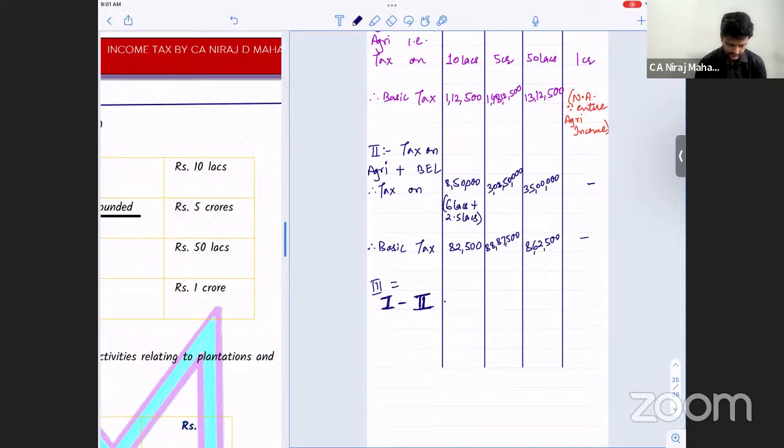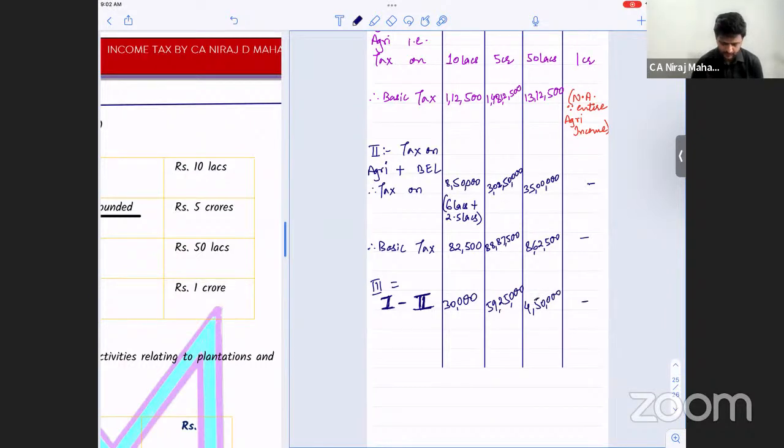Correct? For 1 crore 48 lakh 12,500 minus 88 lakh 87,500. Big figure. 59 lakh 25,000. Yes. 13 lakh 12,500 minus 8 lakh 62,500, around 5 lakh something. 4 lakh 50,000 maybe. Check.